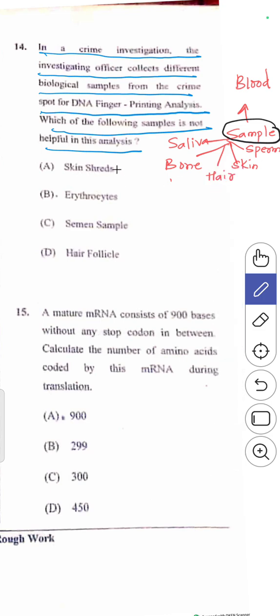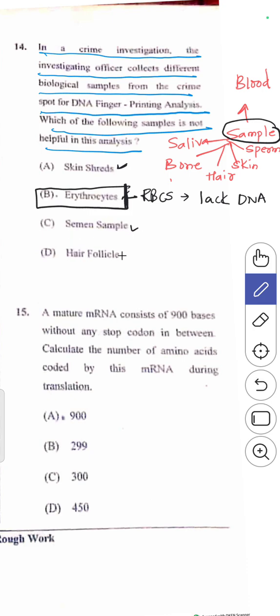They have given skin shreds, it can be used. Erythrocyte, this one is not used for DNA fingerprinting, because erythrocytes means RBCs. These RBCs lack DNA. Due to this, the erythrocytes will not be used.